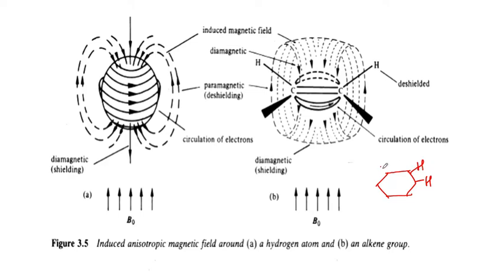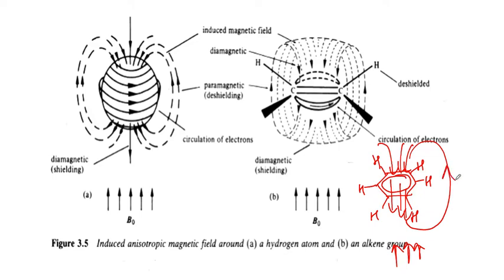We have a benzene, and we have a greater ring current as compared to an isolated alkene. So the same thing is going to happen with the benzene: in the center of the benzene, the applied magnetic field is going to be opposed like this, and however it is going to be reinforced outside.